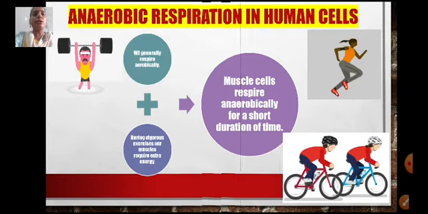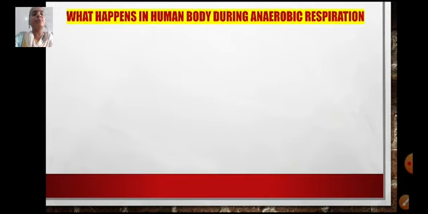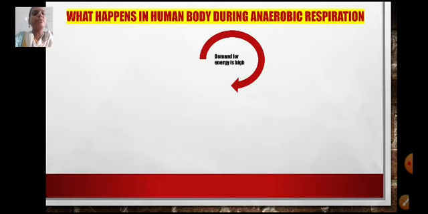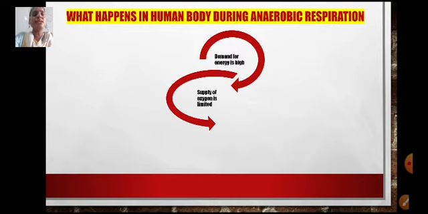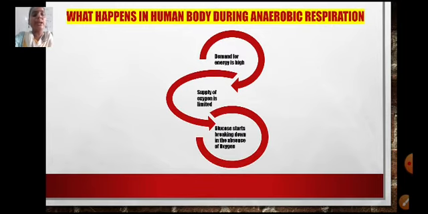So first of all, what is this anaerobic respiration? Anaerobic respiration is the process of respiration that takes place in the absence of oxygen. So what happens during this anaerobic respiration? Demand for energy is high and the supply of oxygen is limited. So glucose starts breaking down in the absence of oxygen.